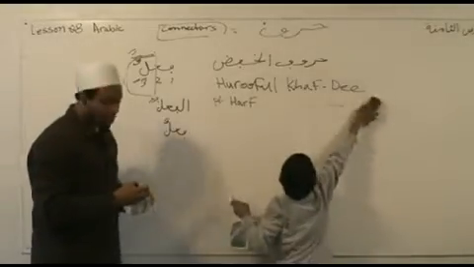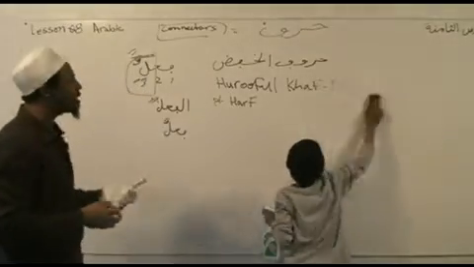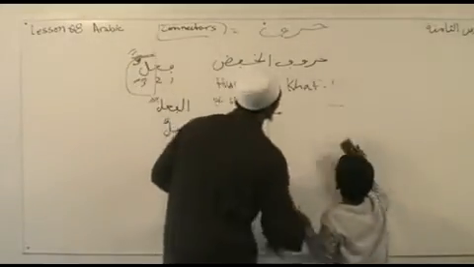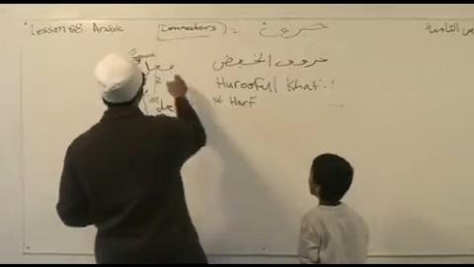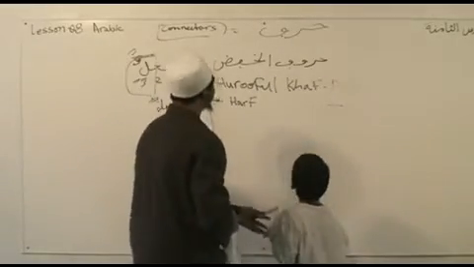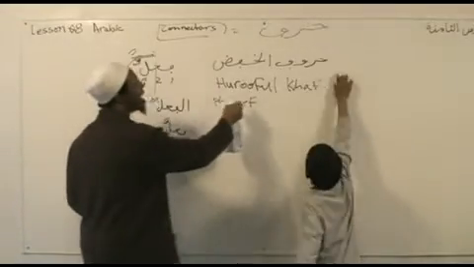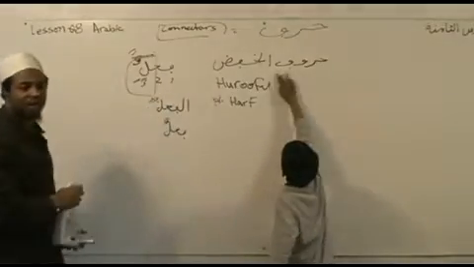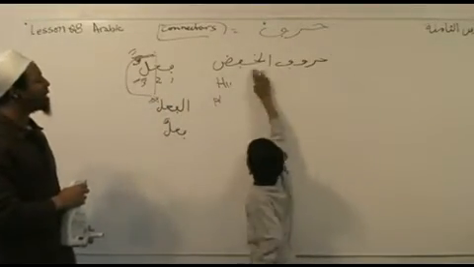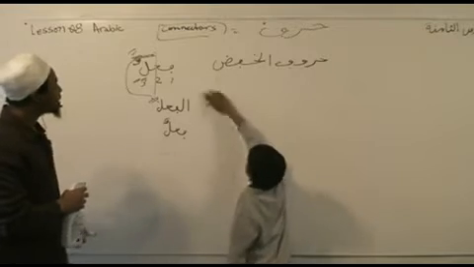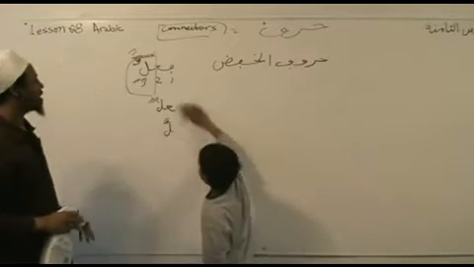A harfu khafd, you guys follow me? A letter of khafd. We'll take a word that has a Dhamma at the end of it and change that Dhamma into what? Kasra, or Kasratan.